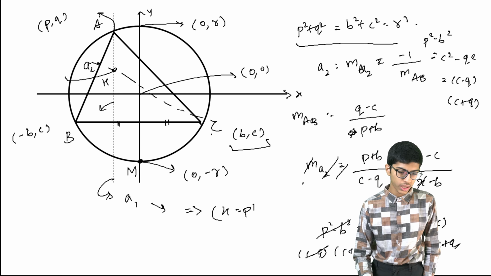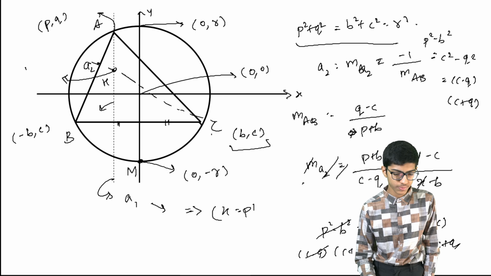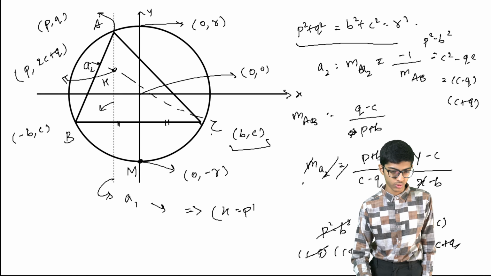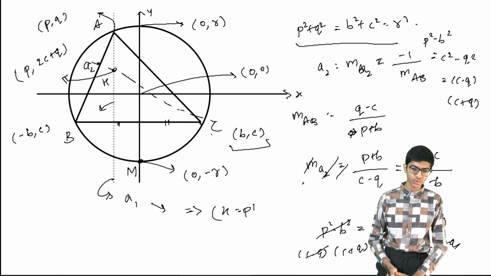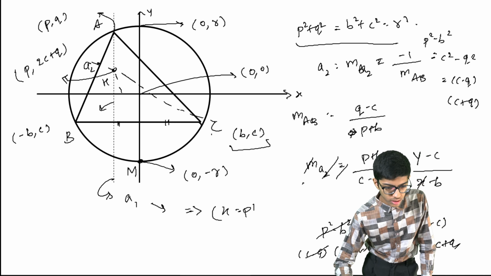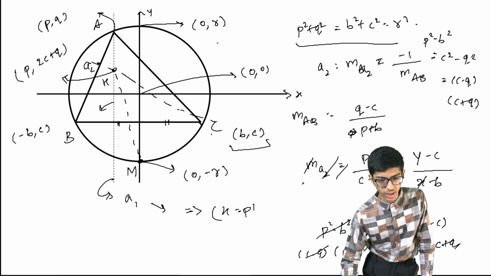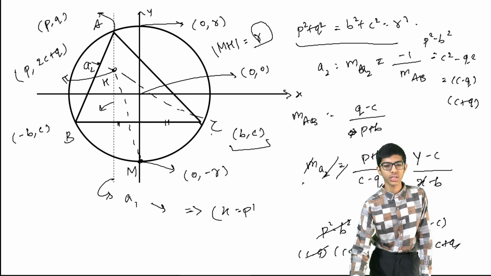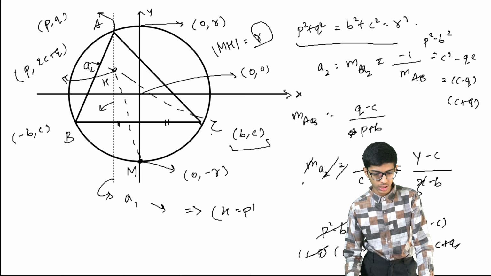So for the point H we hence have the coordinates (p, 2c plus q). Now as we know the length MH, we join M to H, then we have the length MH equal to the radius of the circumcircle, which is r.